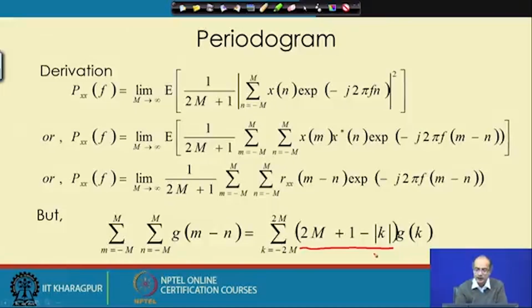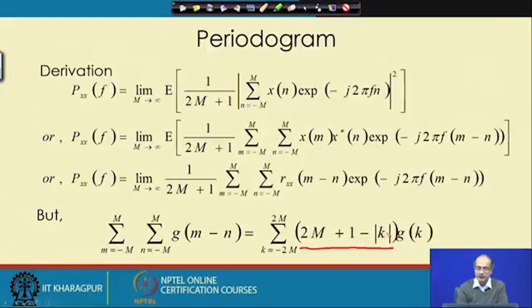That means, for 0th lag, most of the terms are getting accumulated. When k equal to 0, we will have 2m plus 1 such terms. When we are going away from the 0 on either side, then the number of terms will reduce.